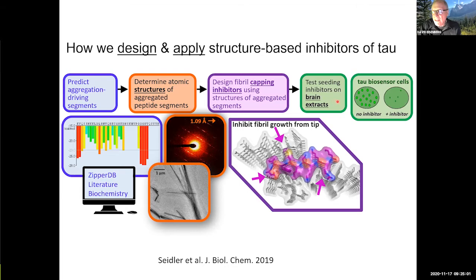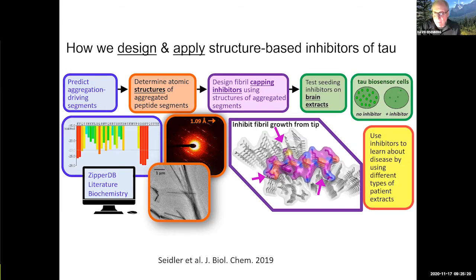The fibers go into the cell, and then they induce puncta formation. But if we first inhibit the fibers from the brain of the Alzheimer's patient with one of our peptide inhibitors, now we don't see the puncta. So I'm going to show you that.